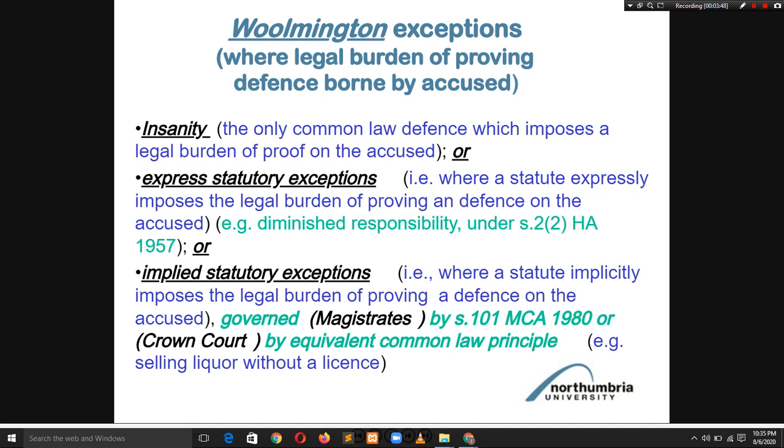For example, where a statute expressly imposes the legal burden of proving a defense on the accused, for example, diminished responsibility under Section 2 of the Homicide Act 1957. Or implied statutory exceptions, where a statute implicitly imposes the legal burden of proving a defense on the accused, governed in magistrates' courts by Section 101 of the Magistrates' Courts Act 1980, or in the Crown Court by equivalent common law principles. For example, selling liquor without a license.